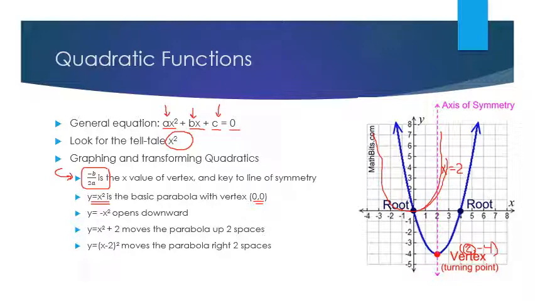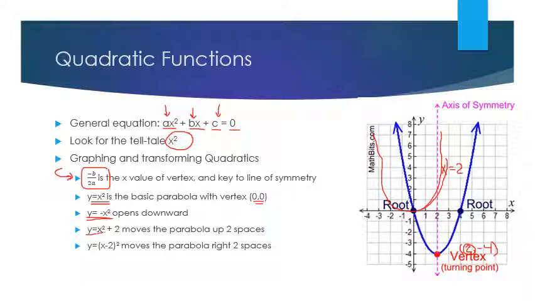And some of the things that you'll be able to notice is that the telltale sign in the equation will tell you what happens to it. For instance, if y equals negative x squared, and it doesn't matter how long your equation is, if the first term, the x squared term, is negative, then it will open downward, and it's called a reflection across the x-axis.